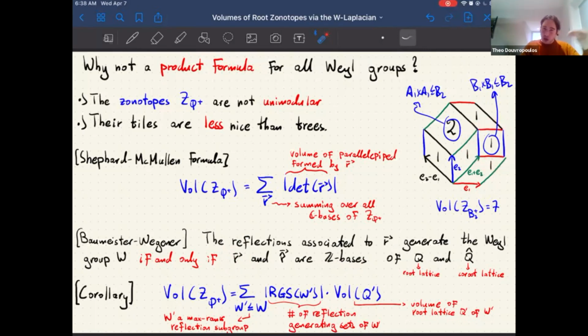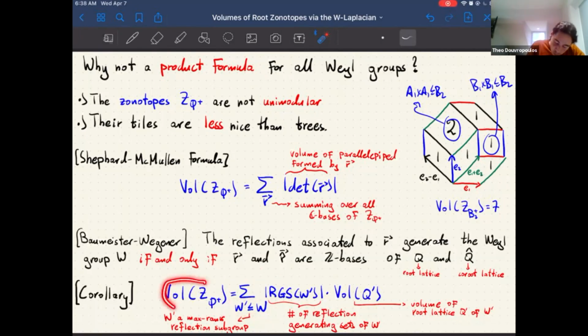So that's why you're living in a subgroup. If you check it for B1 cross B1, you will see that yes, they do generate the root system for B1 cross B1 and the co-root system for B1 cross B1. Okay, so let me not give too many details on that, but there is a nice characterization, right? And this implies that by grouping them all together, you can express the volume as some quantity that's related to reflection subgroups.